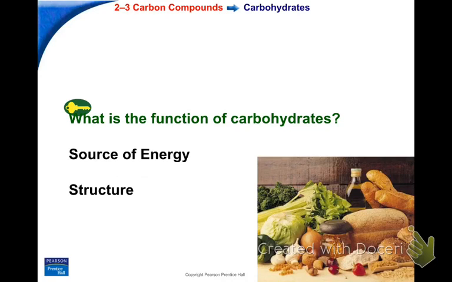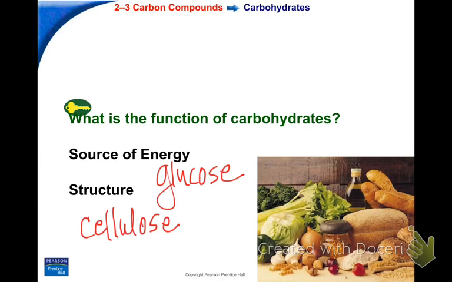So examples of carbohydrates would be, and I'm going to go very quickly through this, glucose. But then we have structural carbohydrates like cellulose, which is in the cell walls of plants.